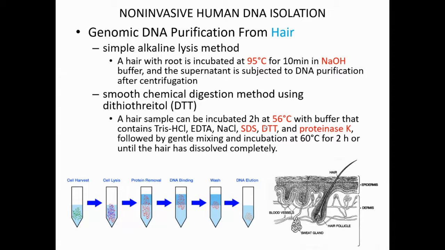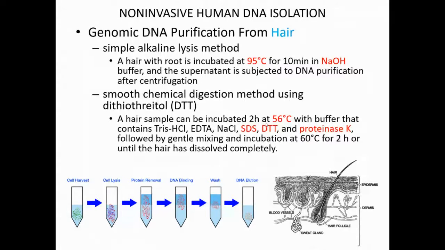DTT is basically a chemical, like beta-mercaptoethanol. They are reducing agents, and the reducing agent can break the disulfide bonds in the protein. And the proteinase K is to degrade the protein.